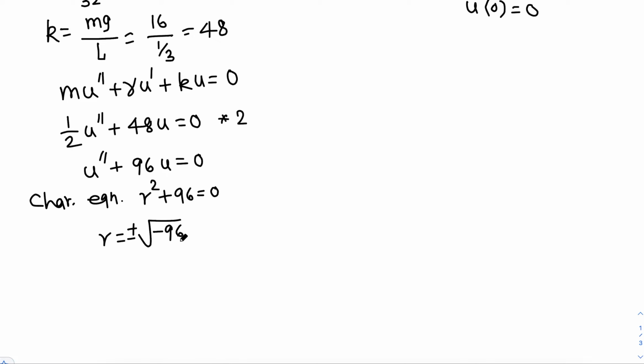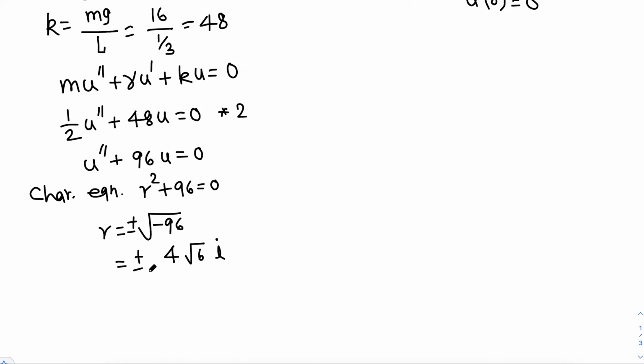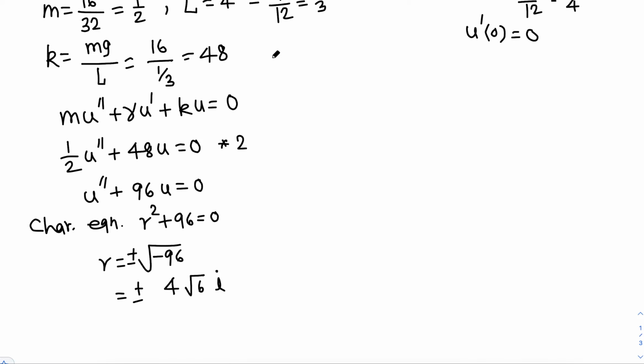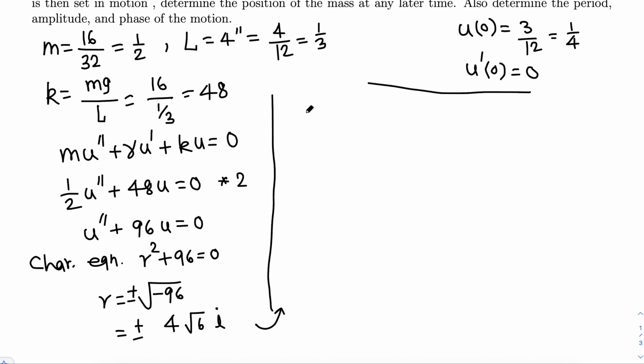We got a perfect square factor 16. So this is plus minus 4 root 6 i, since 16 means 4. Those are the 2 roots. Then with these 2 roots, we can write down the solution.